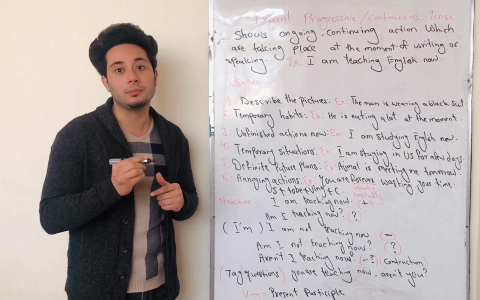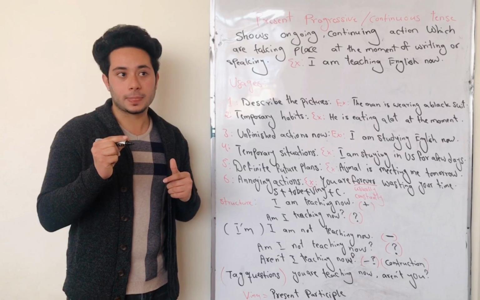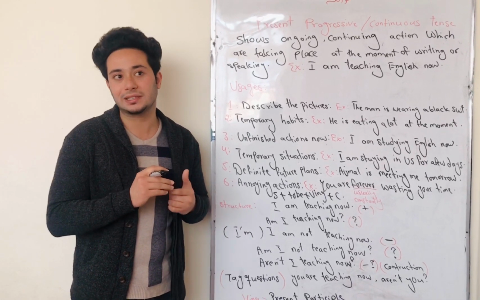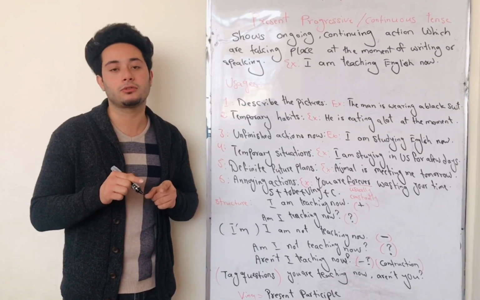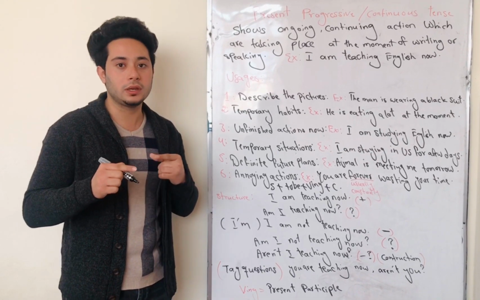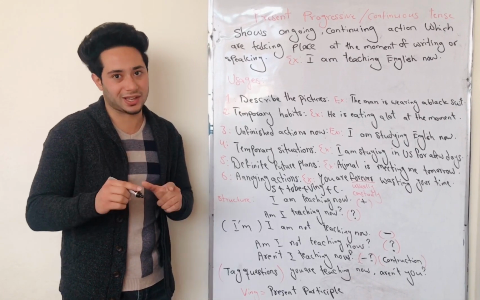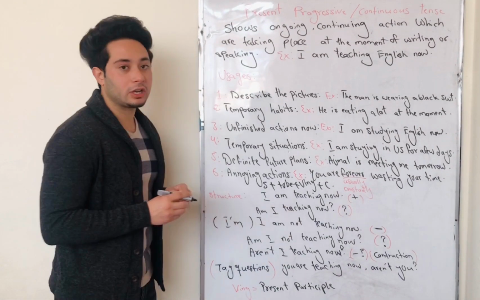We can contract am not like aren't. It means that if someone asks us whether there is any possibility of contracting am not, we can say that am not changes to the contraction form aren't. So we need to use aren't in place of am not. For example, aren't I teaching now? It is the negative interrogative form.